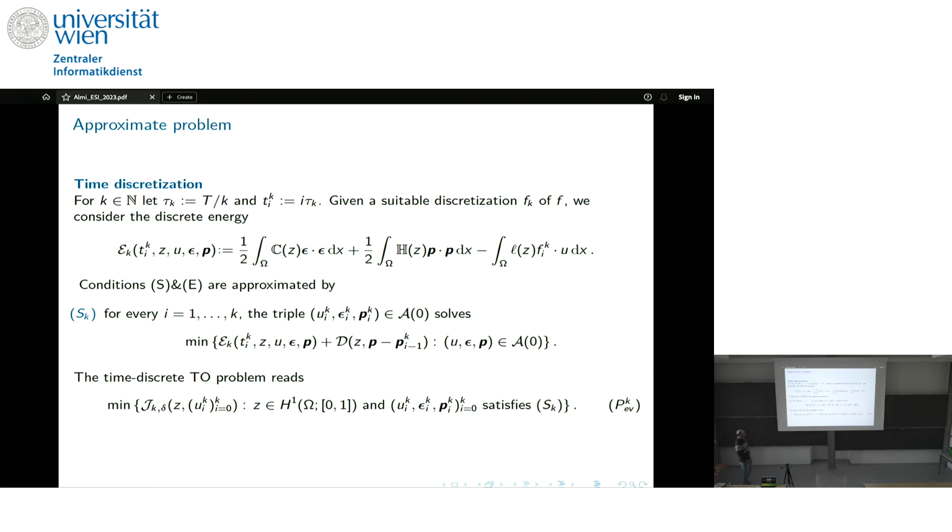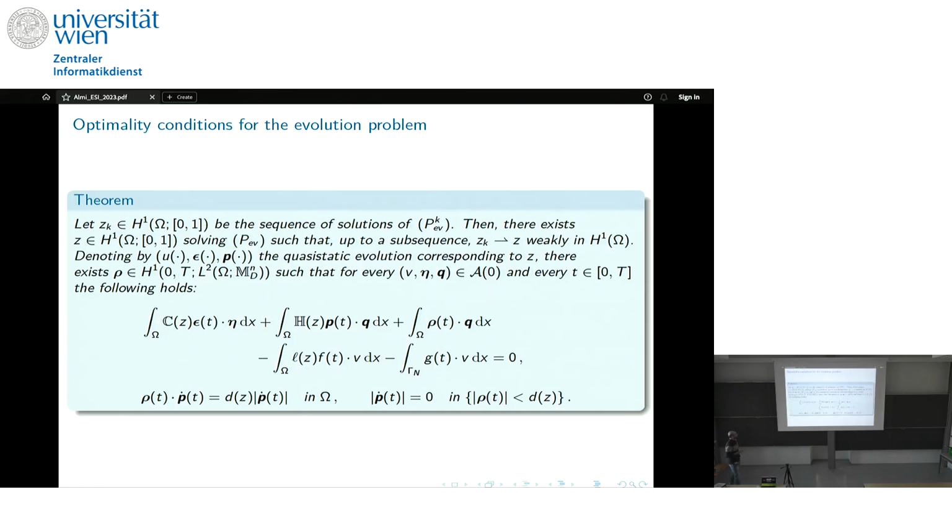The point is that for this problem I can find the optimality conditions, which are exactly what we've seen before, and then I can pass to a limit in the time discretization. And what I end up with is this kind of result.